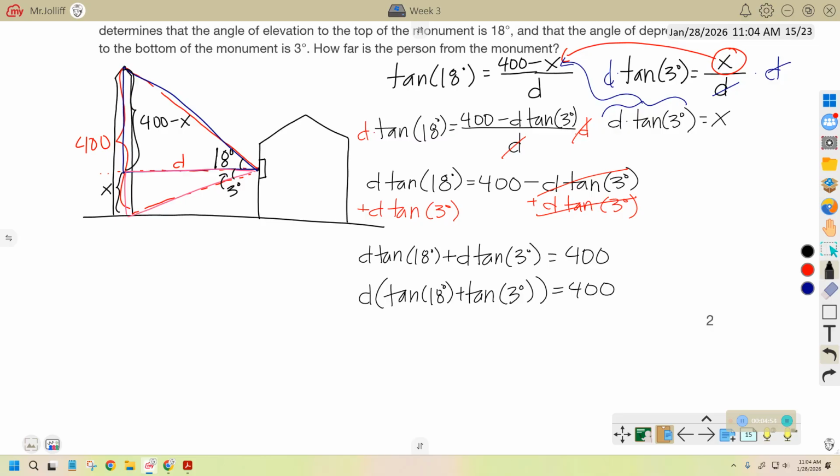And remember, this is multiplication between the d and the thing in parentheses. I want d by itself. How do I undo multiplication? Division, yeah. I am going to divide both sides by that thing in parentheses.